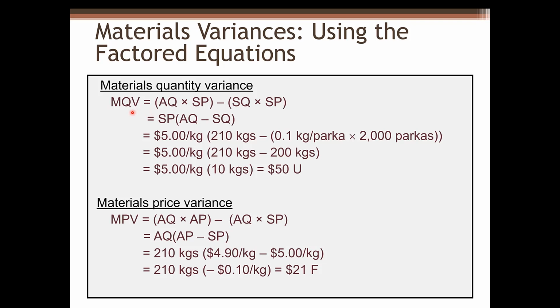To calculate the materials quantity variance, we can follow the equation: actual quantity times standard price minus standard quantity times standard price. And we put numbers here, we can get $50 unfavorable. For materials price variance, we use actual quantity times actual price minus actual quantity times standard price. And put numbers here, we can get $21 favorable.